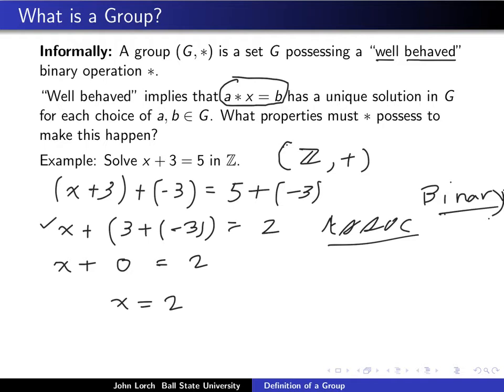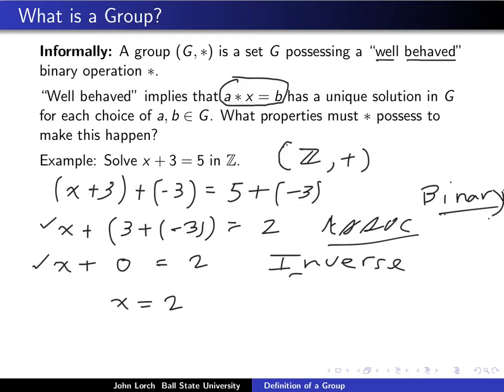Now, in the next step here, we made use of the fact that 3 plus minus 3 is equal to 0. And that's sort of an inverse property, right? Where if you take a number like 3, then there's some other integer like minus 3 that you can add to it to get 0.